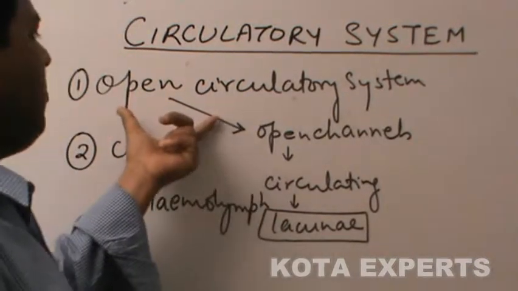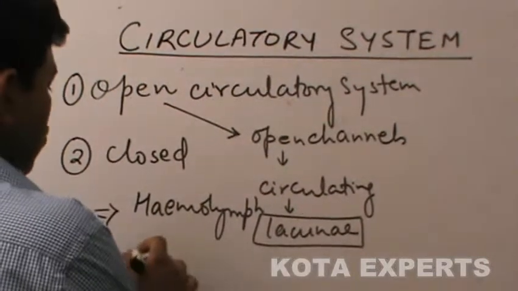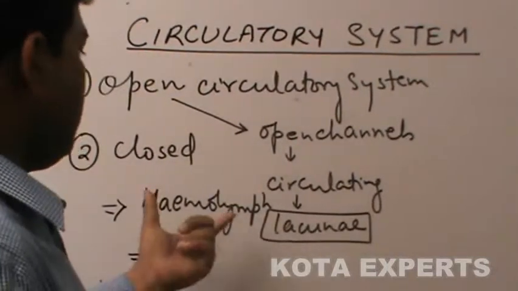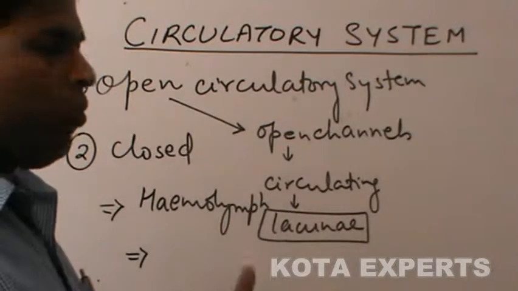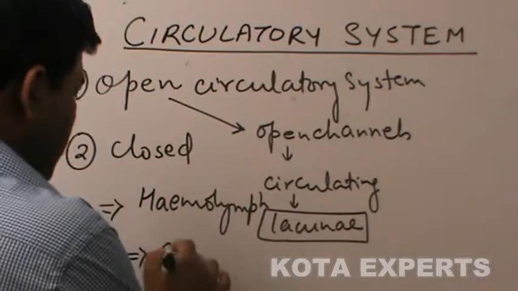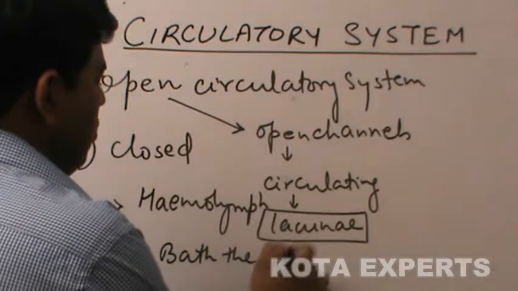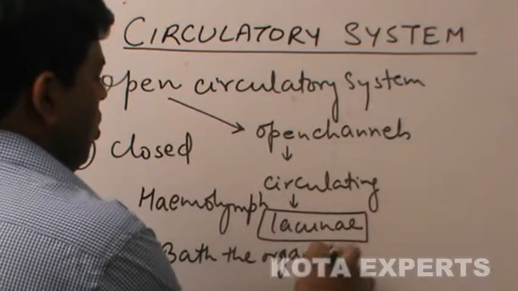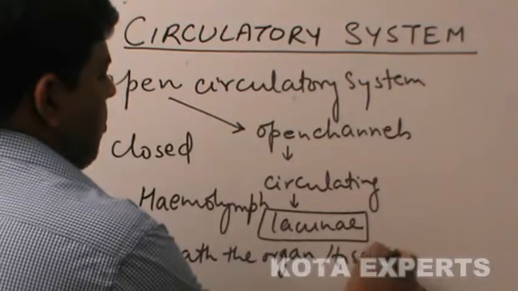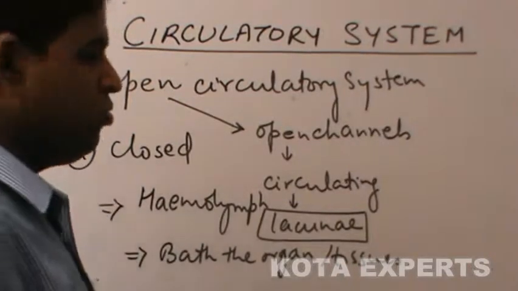In this type of open circulatory system, the hemolymph bathes the organs and the tissues to supply oxygen and nutrition.